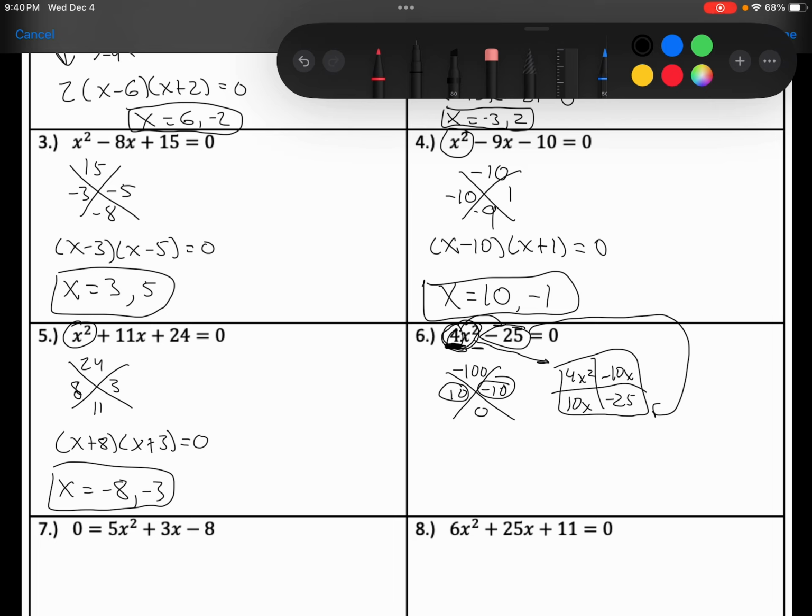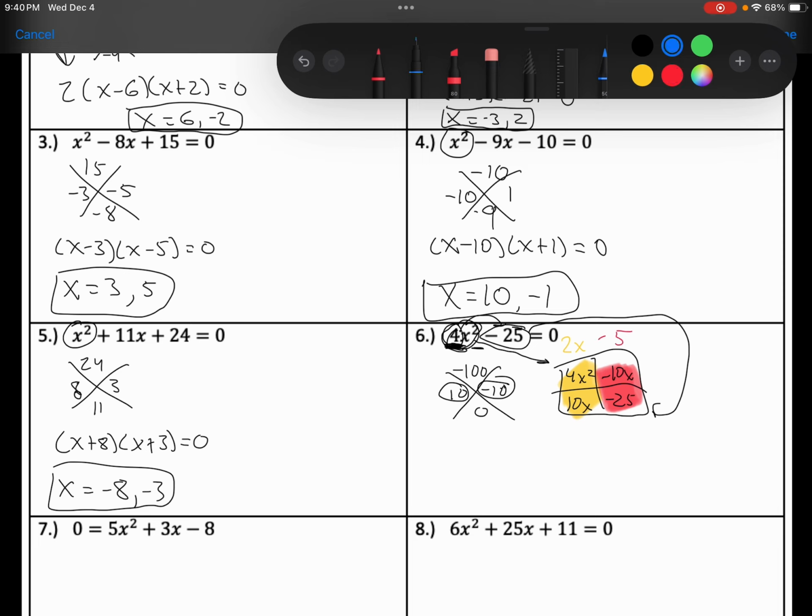From there, we take out greatest common factors. I'll highlight it so you can see what I'm looking at. I'm going to see what do 4x squared and 10x have in common. These two would have 2x in common. Then I want to see what do -10x and -25 have in common. Those would have -5 in common.